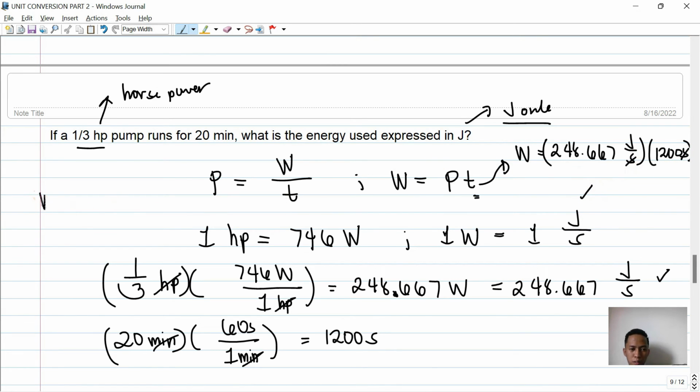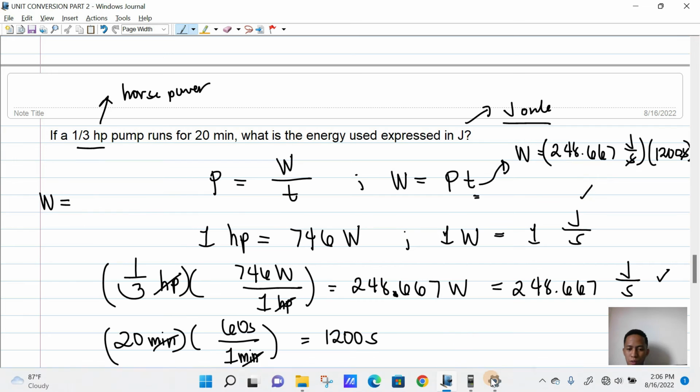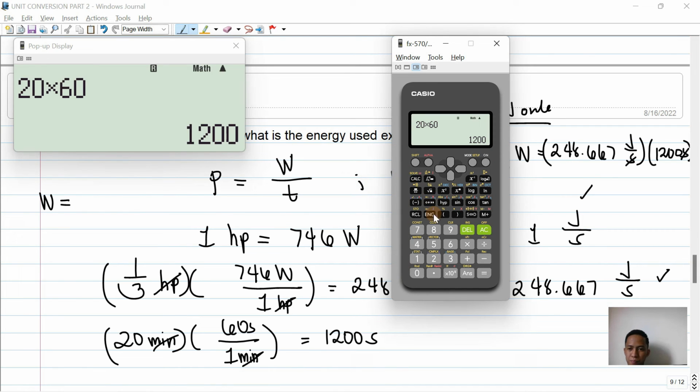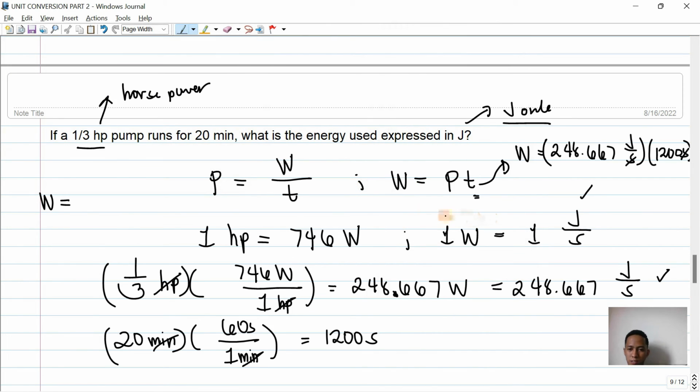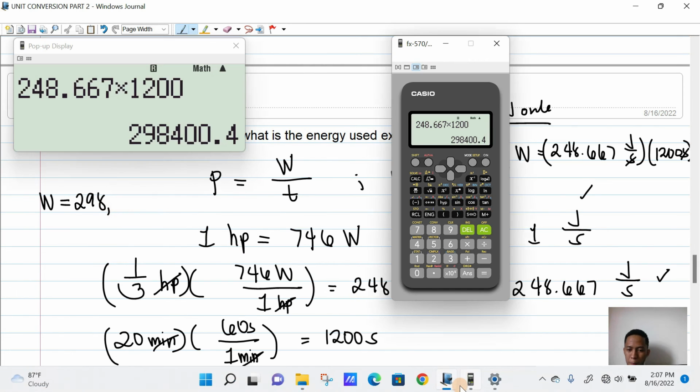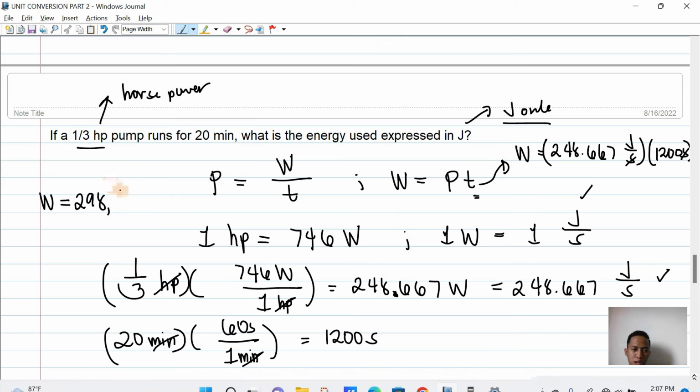Therefore, W, the energy, is 248.667 times 1,200. Okay, equals. So it gives us 298,400.4.